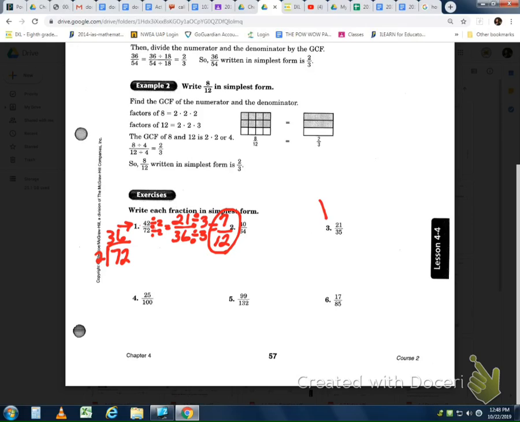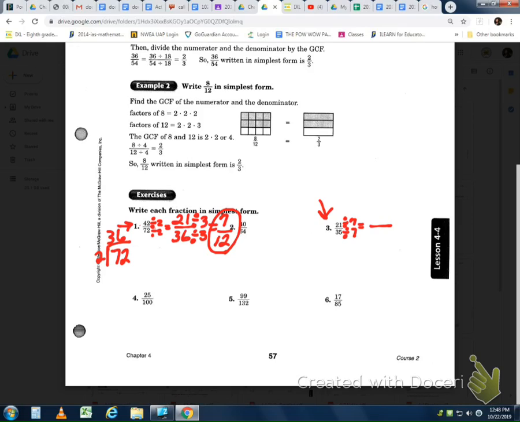All right, let's look at number 3, 21 and 35. Are there any common factors for 21 and 35? 3 and 7. Just 7. I think both of these can be divided by 7.